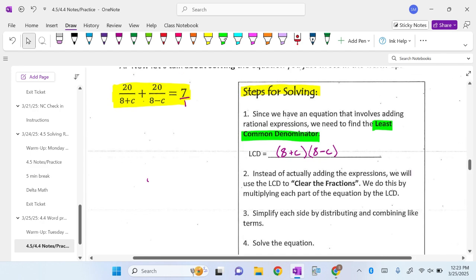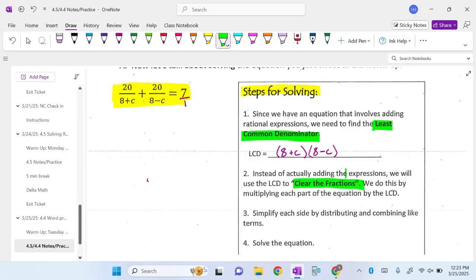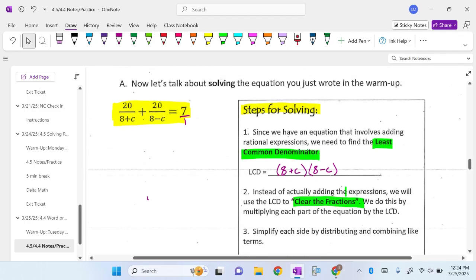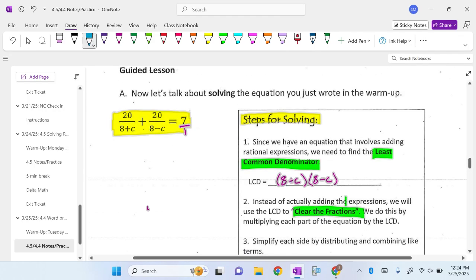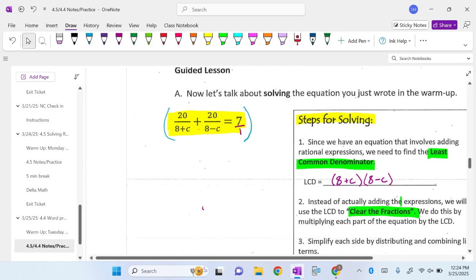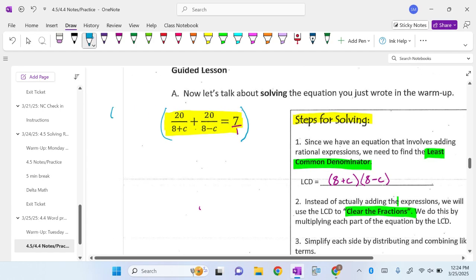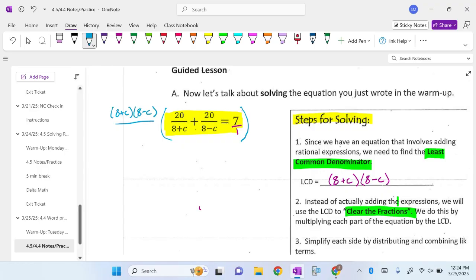Then we're going to use our expressions to clear the fractions. All right. So just like we've been doing, we're going to multiply this entire expression by 8 plus C times 8 minus C over 1. So remember, you keep whatever's in your denominator.